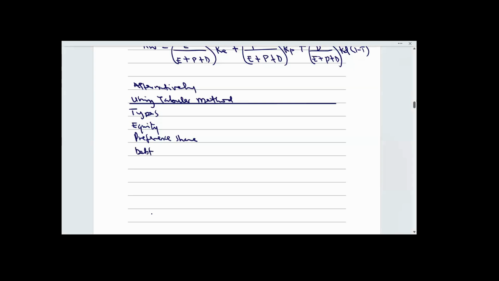Then we create another column for value. This value could be market value or book value, whatever it is, put the value there. Then you get the total value.